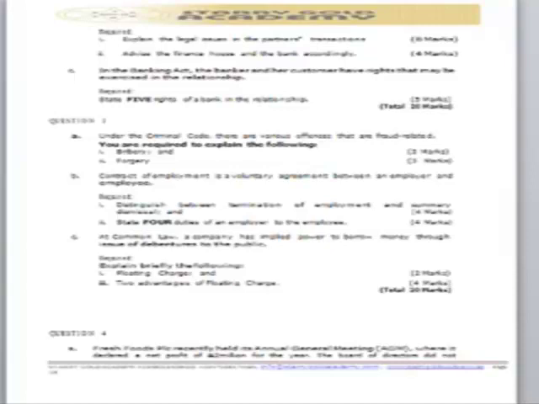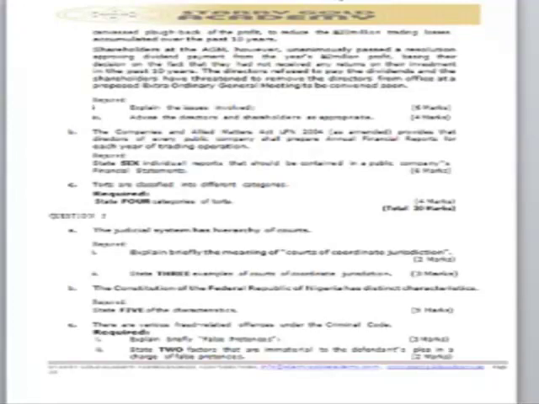The board of directors did not recommend payment of dividend in the agenda and notice of meeting, but planned to plough back the profits to reduce the 20 million trading loss accumulated over the past 10 years.